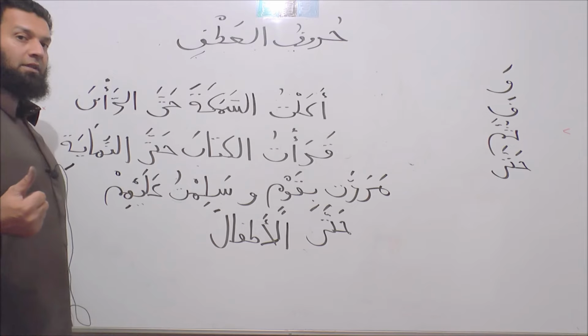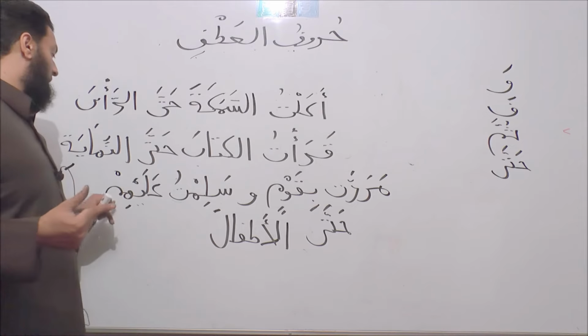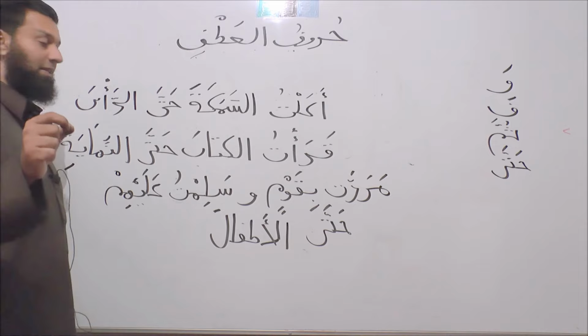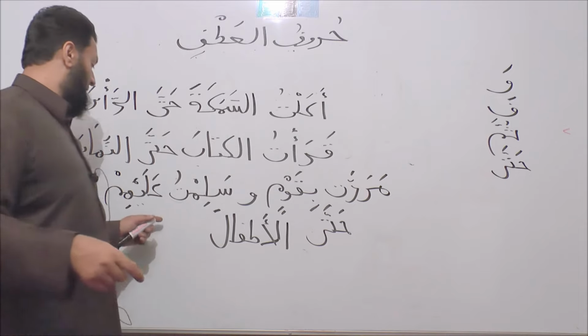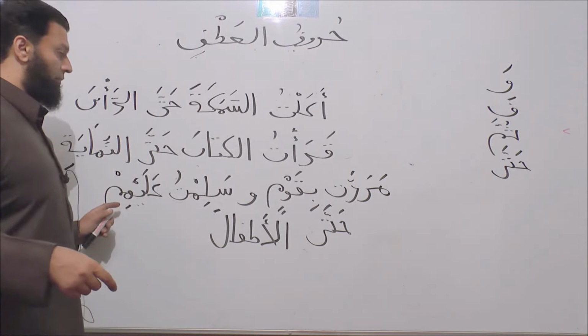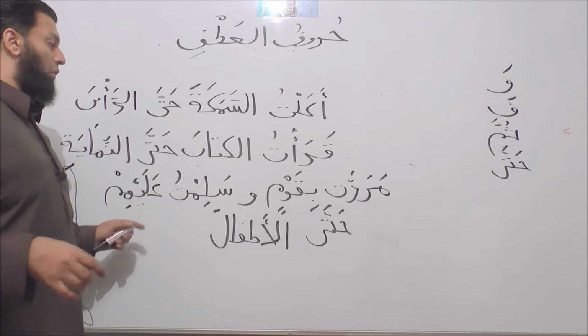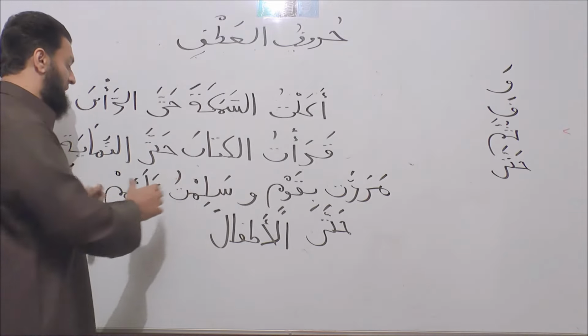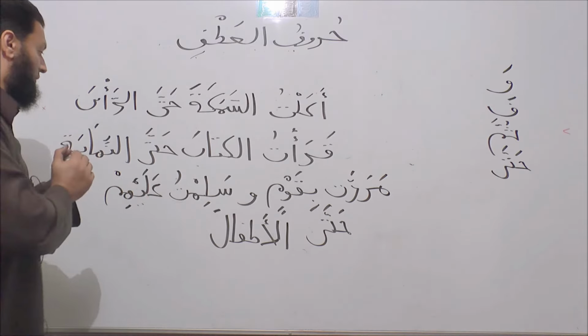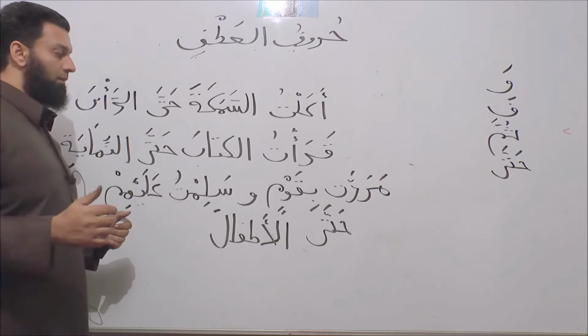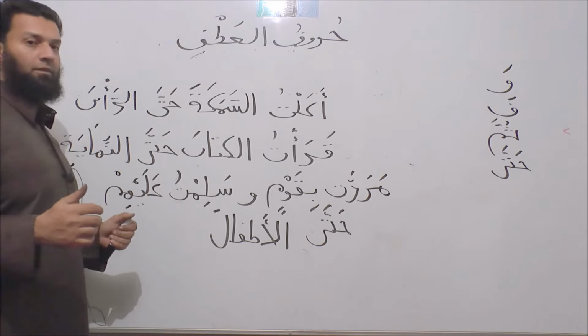It's connected back to that. Right, but what specifically is it connected to? Because of the hatta. Why is it specifically connected to that? No, which part of wasalimtu alayhim is it connected to? All of it, innit? All of that part there.